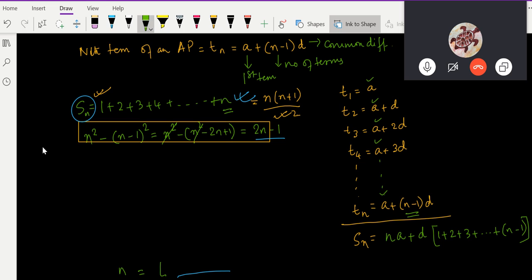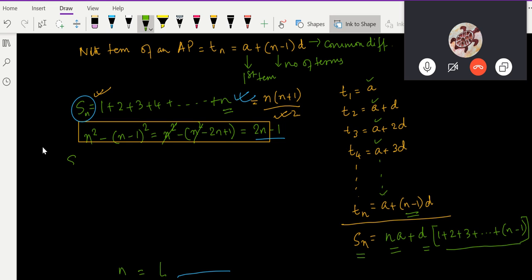So the last line I didn't get. What did you say? So now we have got the sum of n terms of this series as n into a plus d into 1 plus 2 plus 3 up to n minus 1, right?